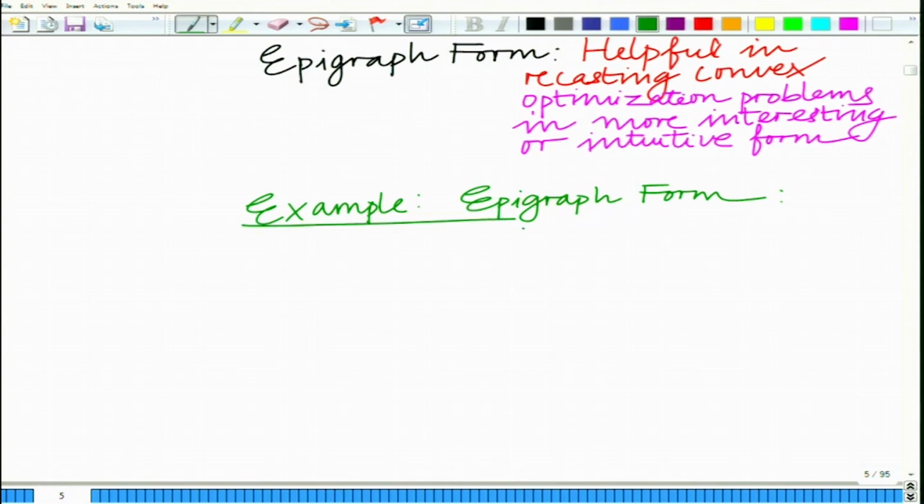And a simple example can be the following. Let us consider this problem: minimize. Frequently it is also written omitting the period after min.